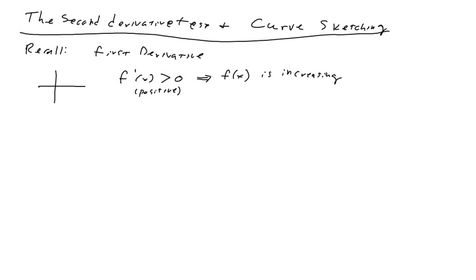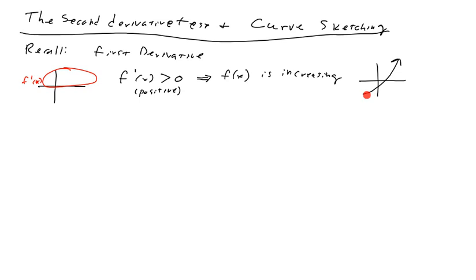If the derivative is anywhere up here, anywhere in the positive section, if the f prime graph is in the positive area, then we know that f of x, let me do f of x in black, is increasing.